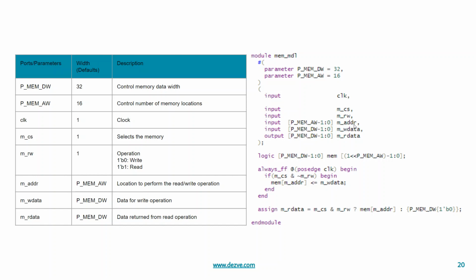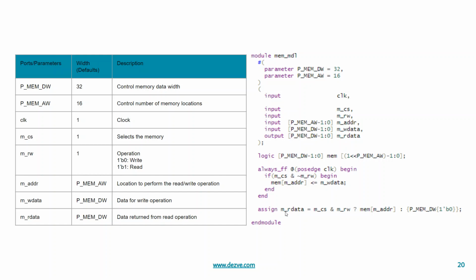He will provide an address m_addr. The data is not for the read operation; we don't care what the data bits would be. Based on this, the model will retrieve the value stored at that particular location pointed to by m_addr, and that value would be returned by the output port called m_rdata.